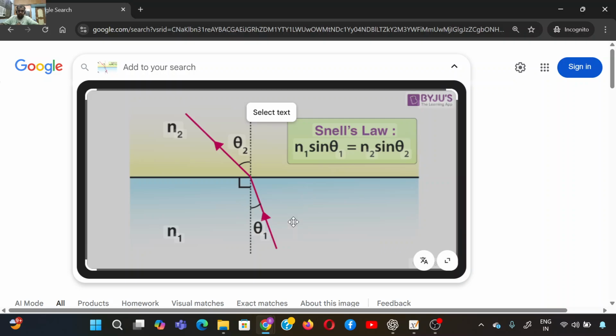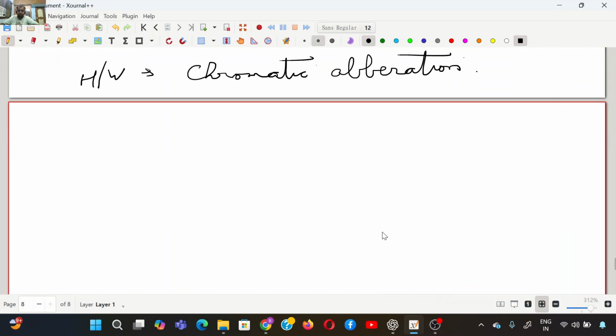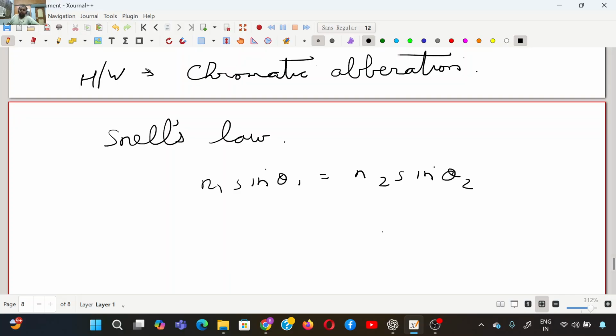So Snell's law says that n1 sine theta 1 is equal to n2 sine theta 2, where n1 is the refractive index of medium 1, n2 is the refractive index of medium 2, theta 1 is the incident ray angle in medium 1, and theta 2 is in medium 2. Basically, it's a principle that relates the angle of incidence and angle of refraction to the refractive indices in the two media. You can touch upon this in the homework.